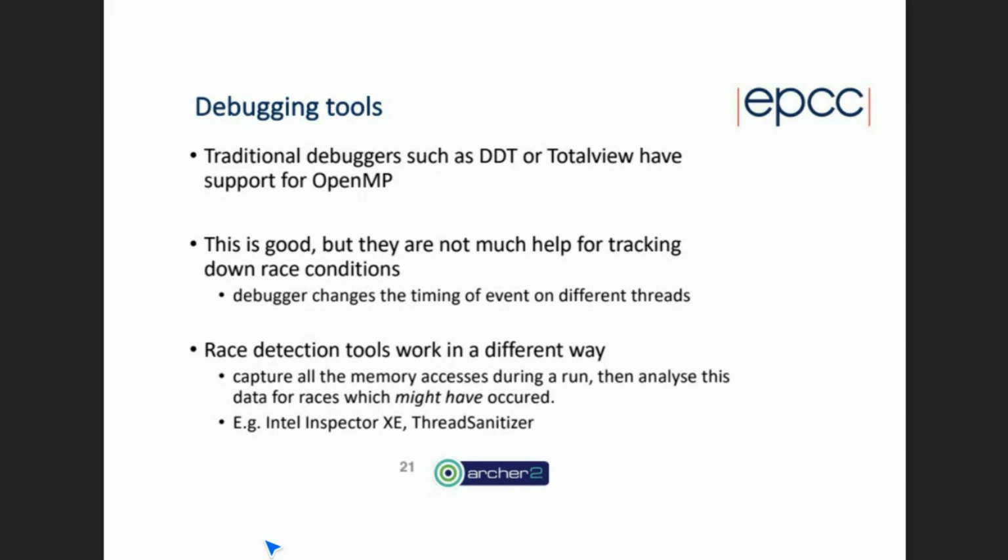You could conceivably have exceptions to that, but it's pretty unusual. So normally, just running the code on a small problem will still pick up the race conditions, because you're not relying on the races actually happening. You're analyzing the memory access and synchronization patterns to see whether races could have happened. They don't necessarily need to have occurred in that particular run.